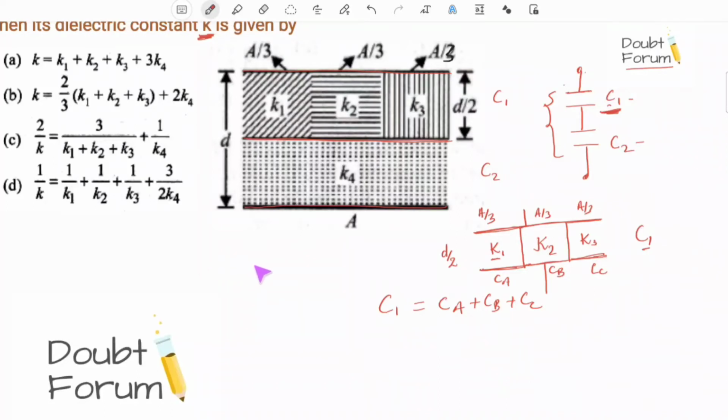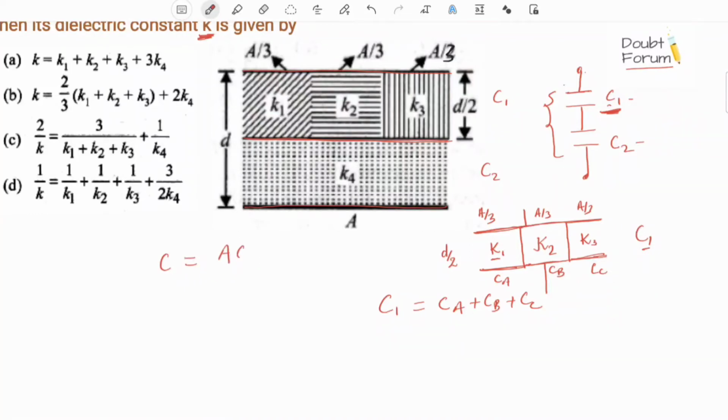And we will use the very simple formula, that the capacitance of a parallel plate capacitor C is equal to A epsilon naught K divided by d, where A is the area of the plate, d is the separation between the plates, and K is the dielectric constant of the material filled. So in case of Ca, the area of the plate is A by 3, K is equal to K1, divided by d, the distance, that is d by 2. So this will be like this.